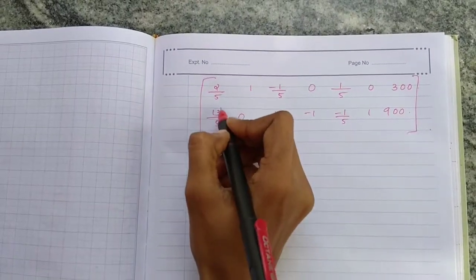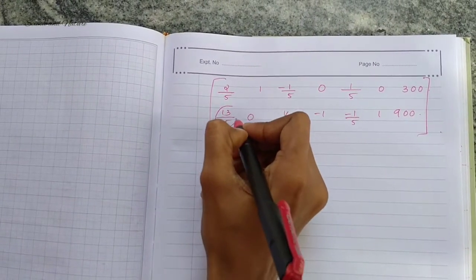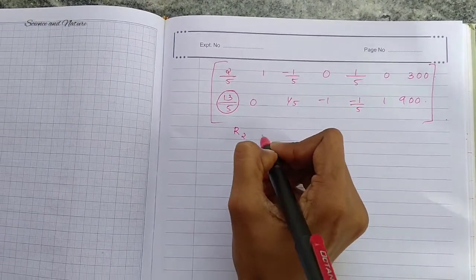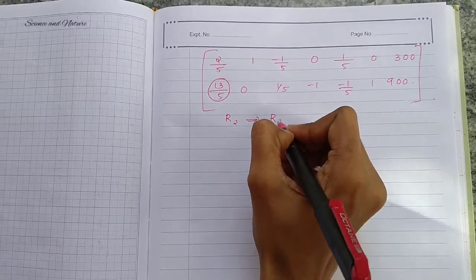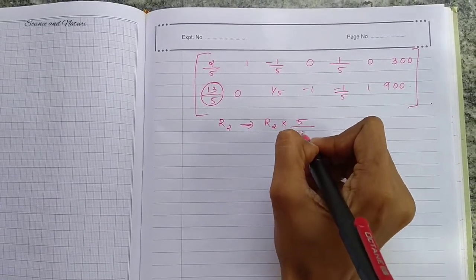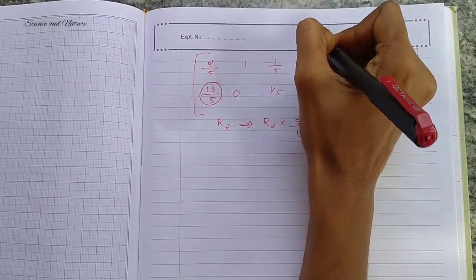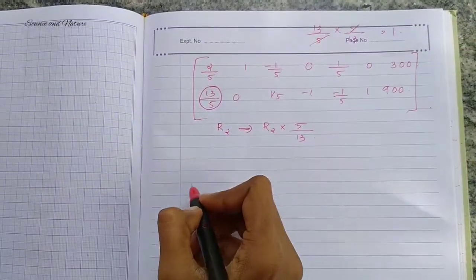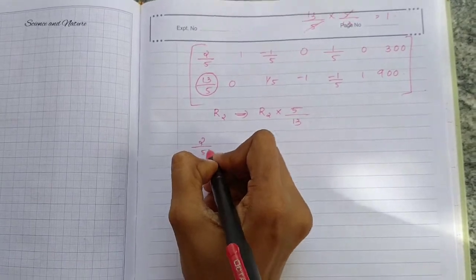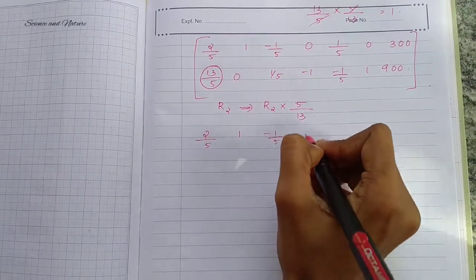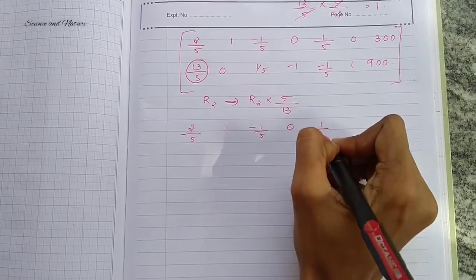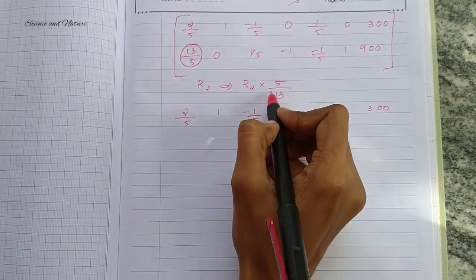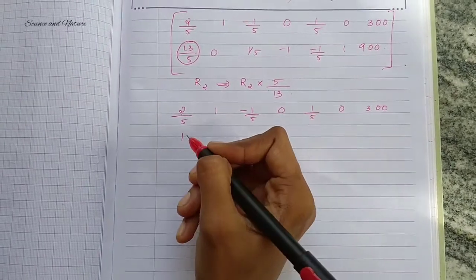So first we need to change this 13 by 5 as 1. So R2 implies R2 into 5 by 13. That is 13 by 5 into 5 by 13, then we will get 1. 13 by 5 into 5 by 13, that is 1.